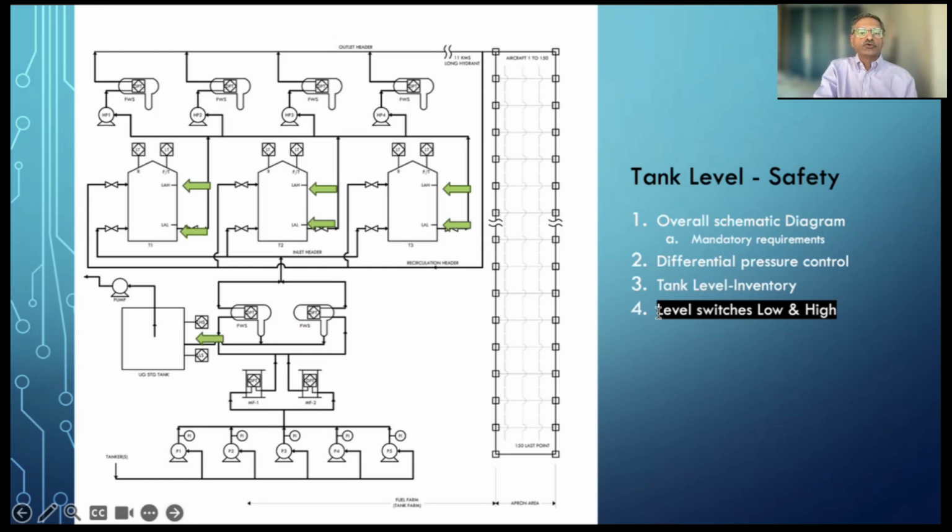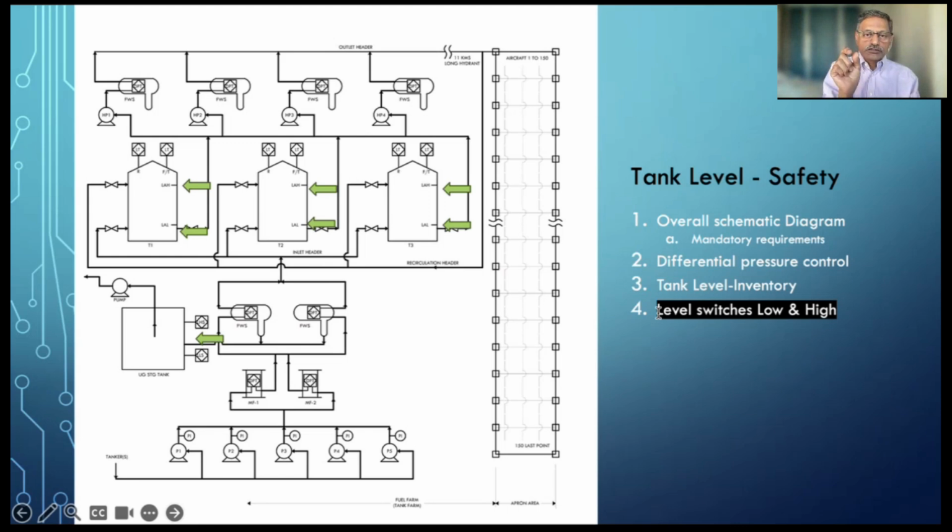Okay, so we'll move to the next. There is also an underground storage tank. As I told you, the filter water separator will separate water and the product will move up.